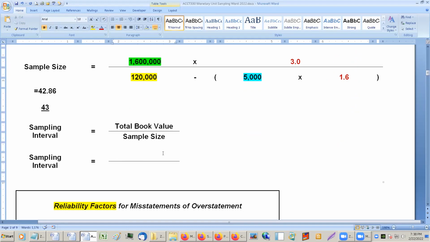All right. Total book value divided by 43. And this one we can do: $1,600,000 divided by 43. 37,209.